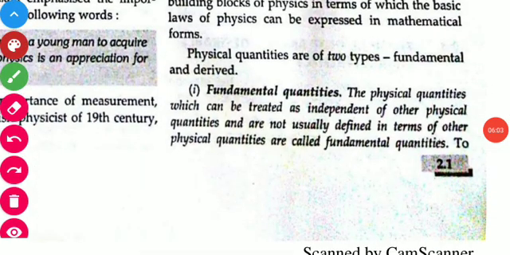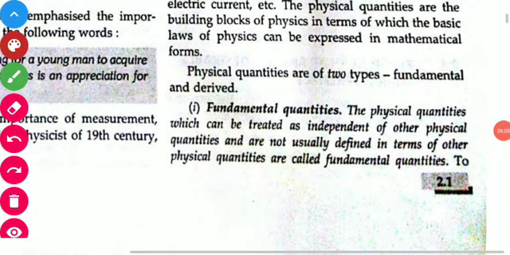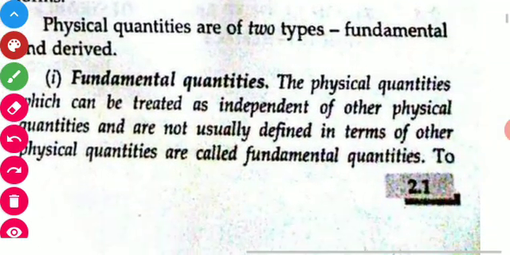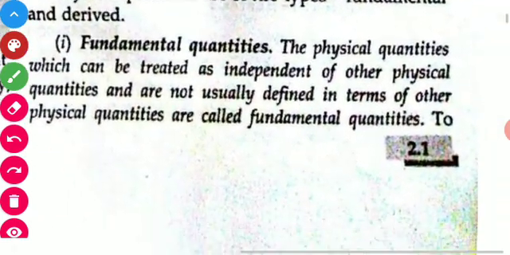Similarly, we have types of physical quantities. There are two types: one is fundamental quantities, second is derived quantities. First of all, we will study fundamental quantities. So what are fundamental quantities?